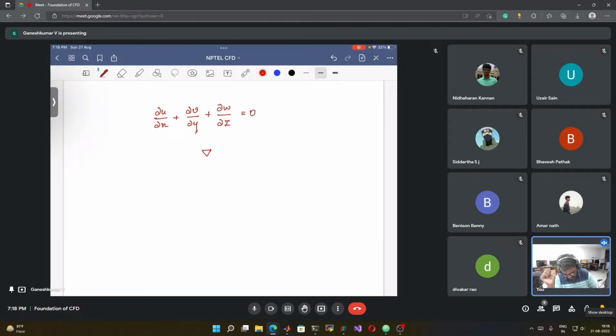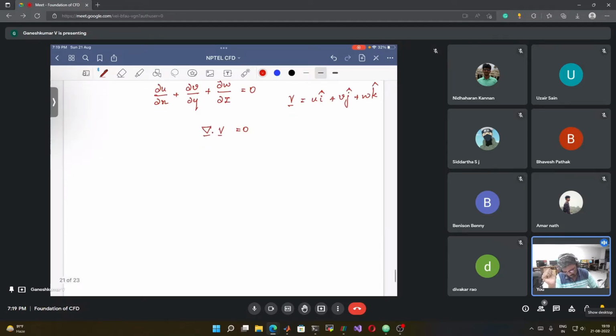Or you can simply write del dot v equal to 0, where v is u i, v j, and w k. Now this is the differential equation. You can use finite difference to solve this, right?